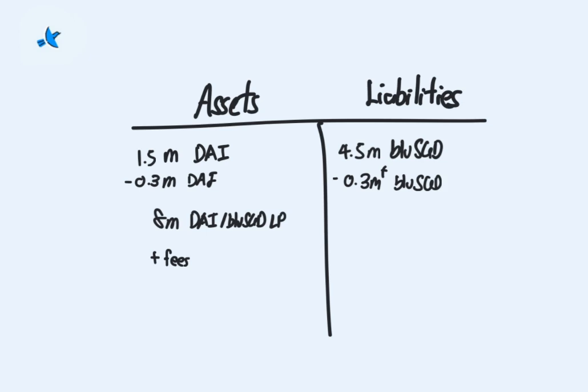Now, if we were to sum up both sides of the assets and liabilities, on the asset side, we have $1.5 million minus $0.5 million plus $8 million plus the previously accrued fee. This means that on the asset side, we would have 9.2 million plus of assets. And on the liability side, right now we have 4.5 minus 0.3 million plus. That means we would have 4.2 plus million dollars worth of liabilities.